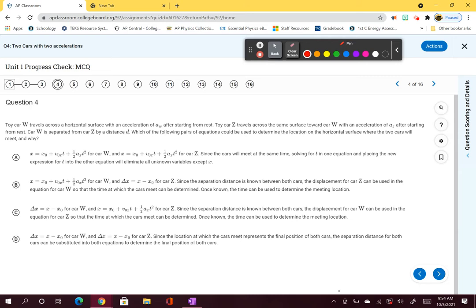But we're not looking for the time, we're looking for the location. Once known, the time can be used to determine the meeting location.